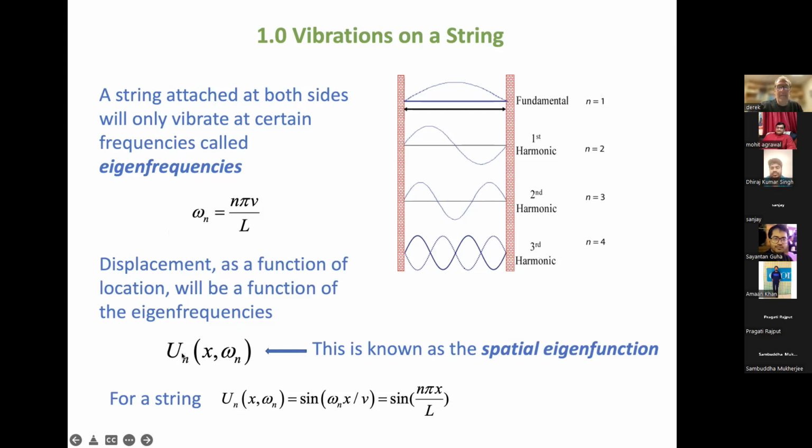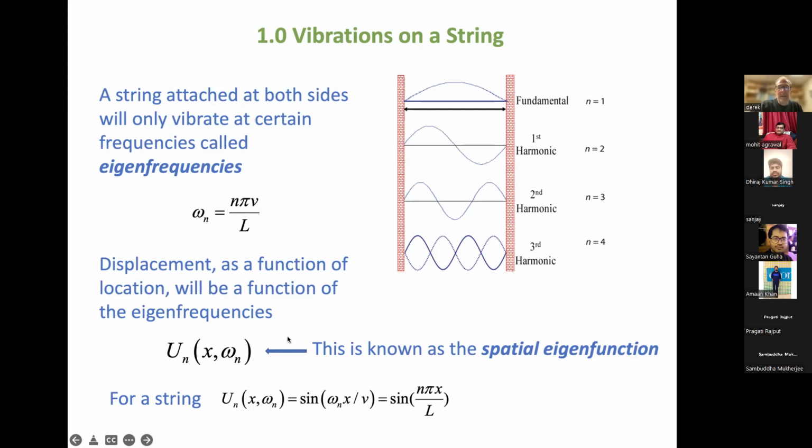So we will have the spatial eigenfunction, U sub n, which is a function of your location and your particular eigenfrequency. So for a string, U sub n of x comma omega sub n is going to equal sine of omega sub n x over v.